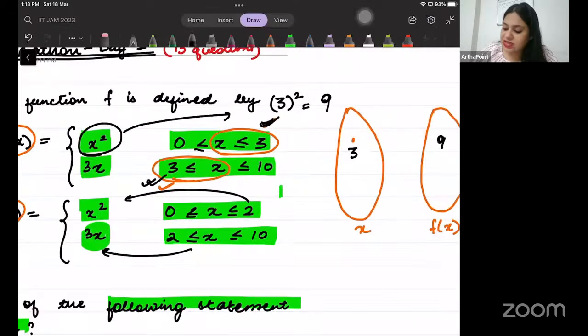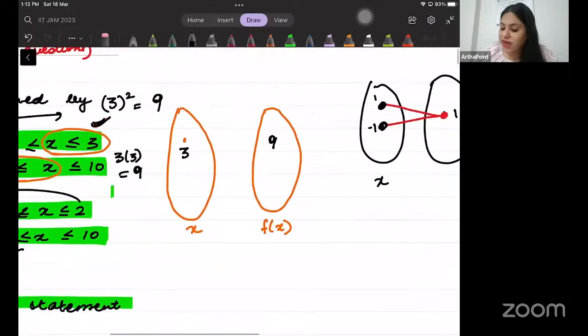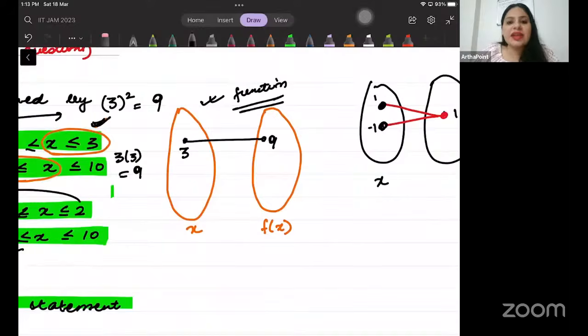And when I put x is equal to 3 in this part, I get 3 into 3, which is also 9. So one value of x is only linked to one value of y. So this is a function. This is correct.